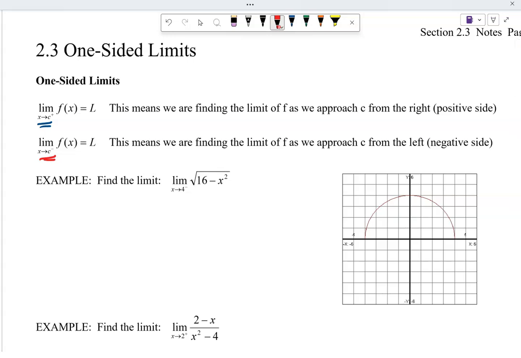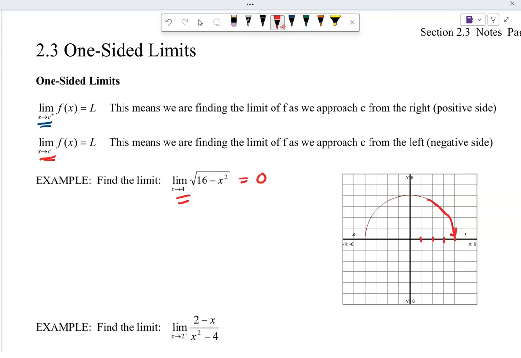So let's go ahead and find this one-sided limit. Find the limit of the square root of 16 minus x squared, pictured there, as we approach 4 from the left. Let's do it graphically first. As we approach 4 from the left, we're approaching 0, right?